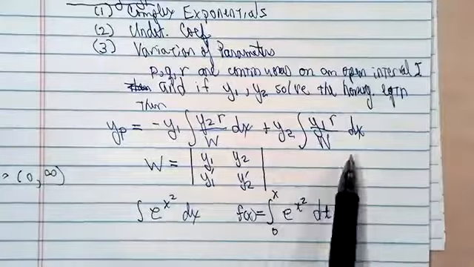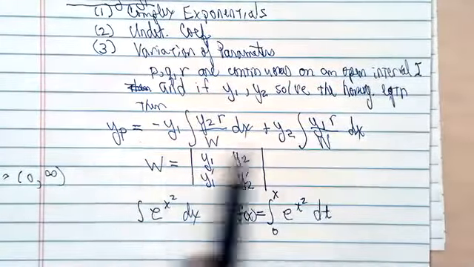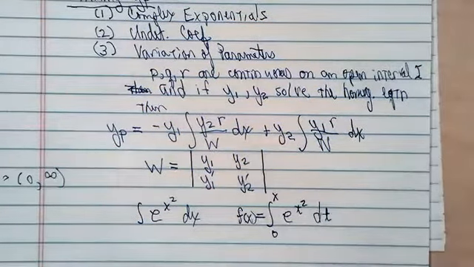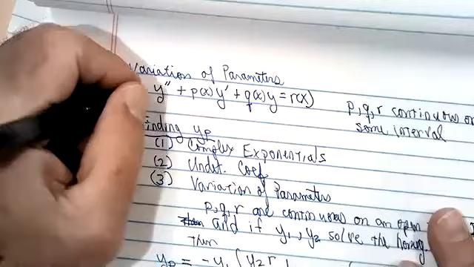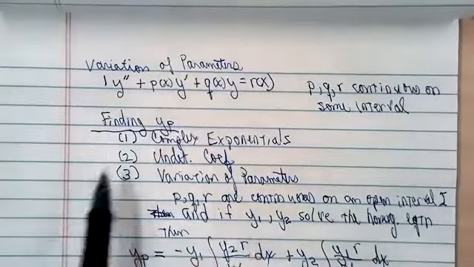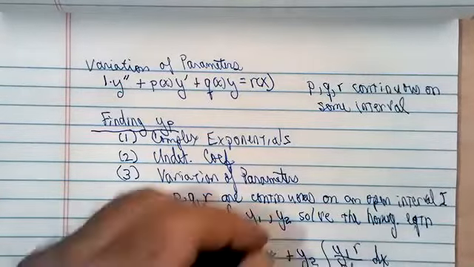So what I want to do for the rest of this part of the lesson is go through a few examples of this and just grind out yp, and actually we'll solve the whole equation. There are multiple steps. One thing I want to mention to you, it's in the handout, is that the way this is set up, the leading coefficient must be 1. That's the standard form.